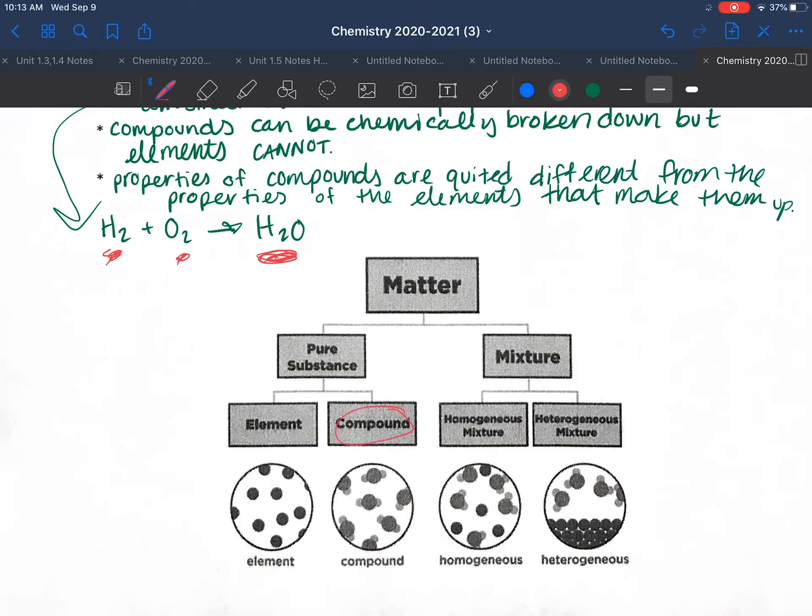Remember, the key for compounds is chemically bound, so we can separate compounds into their original elements through chemical processes. Versus, if we have a mixture, we can separate the mixture using physical properties into their pure substances.